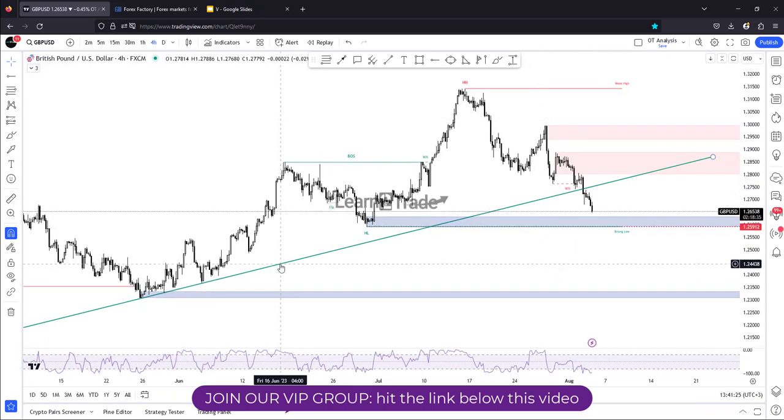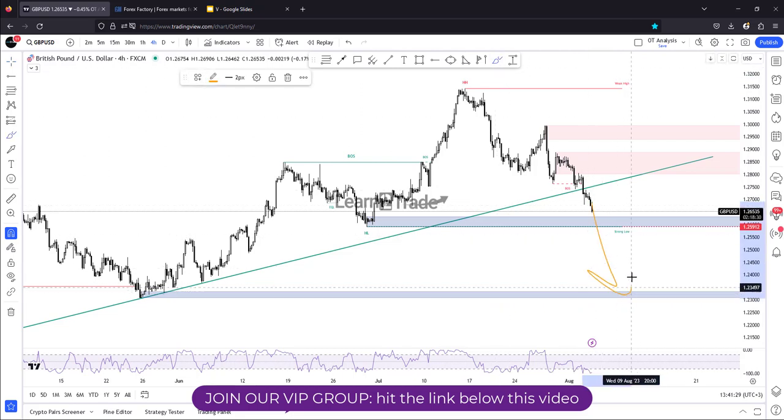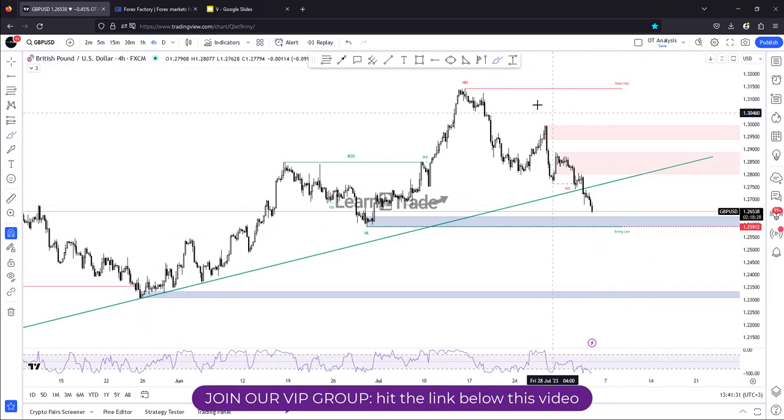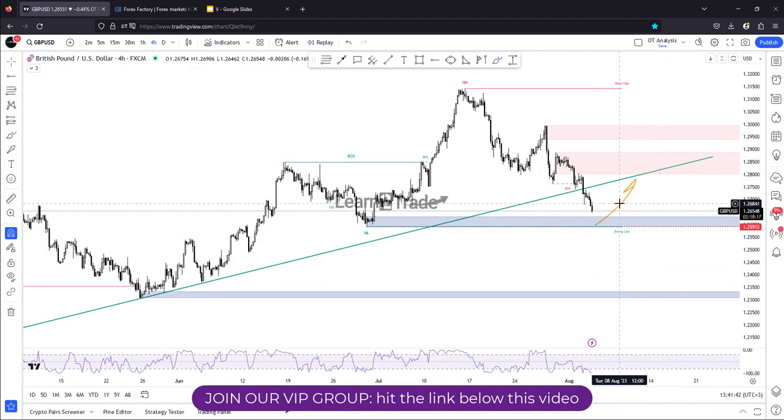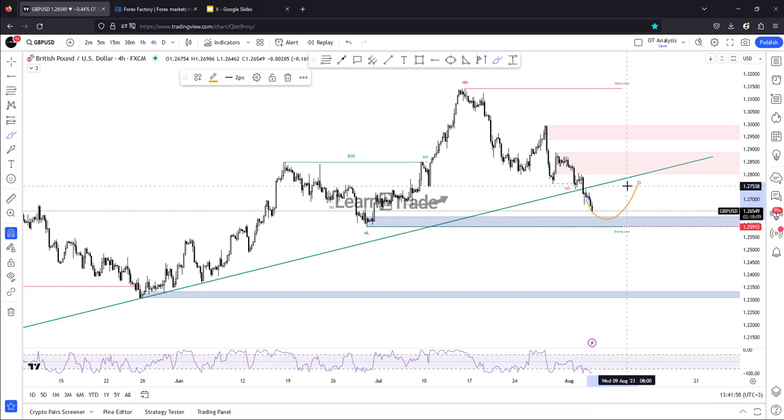Even if the price dropped below the uptrend line, we cannot expect a deeper drop, downside continuation without rebounds, bounce backs before extending its sell-off. So I will keep an eye on this demand zone, guys, because after reaching it, maybe it could try to come back higher to retest the broken downtrend line before extending its sell-off.